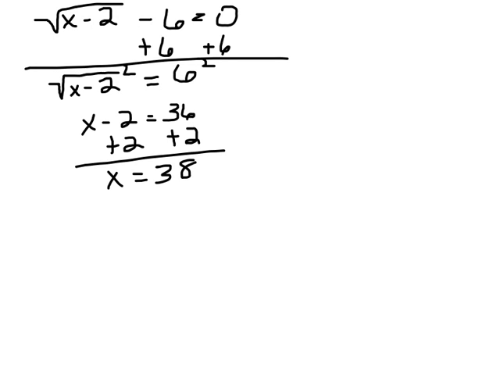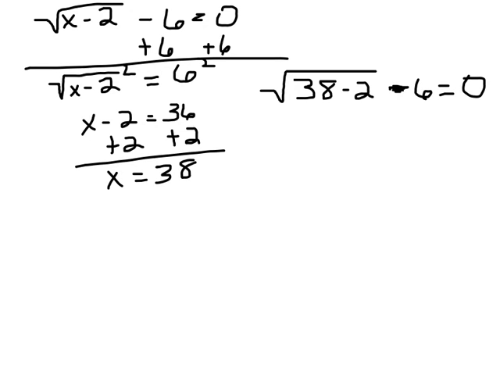But now I have to check that. That satisfies the second equation, but does it satisfy the original equation? So I'm going to put 38 in for x. The square root of 38 minus 2, minus 6, is equal to 0.